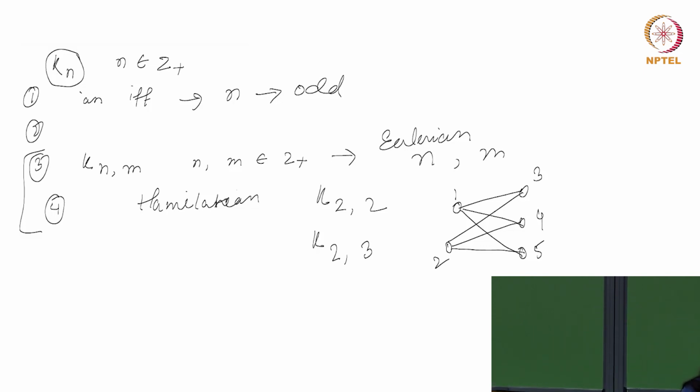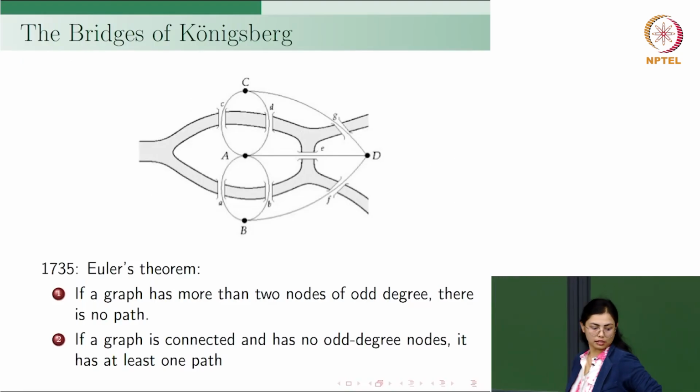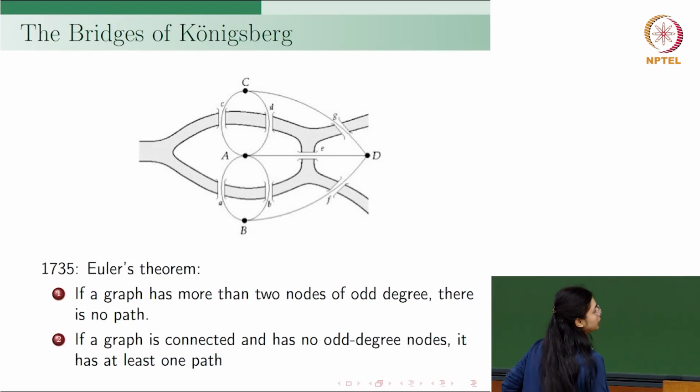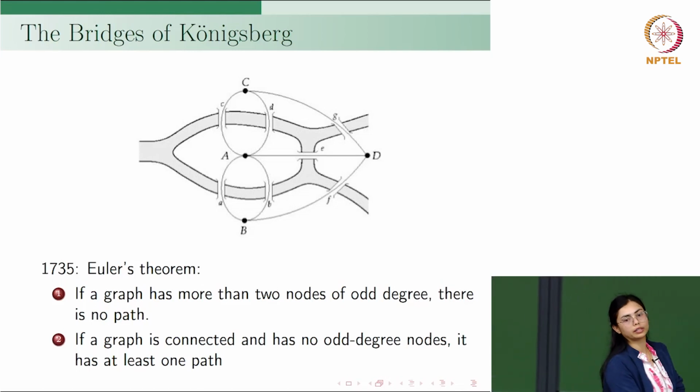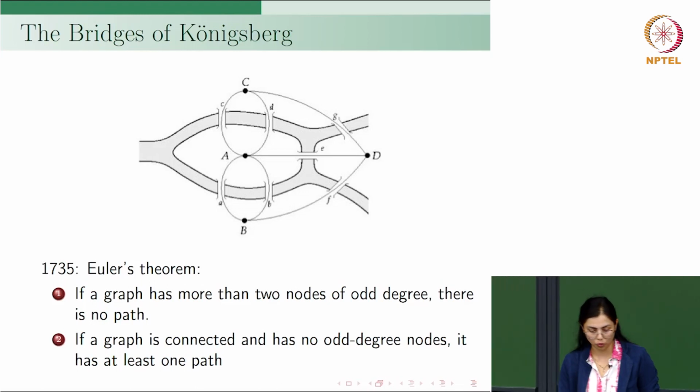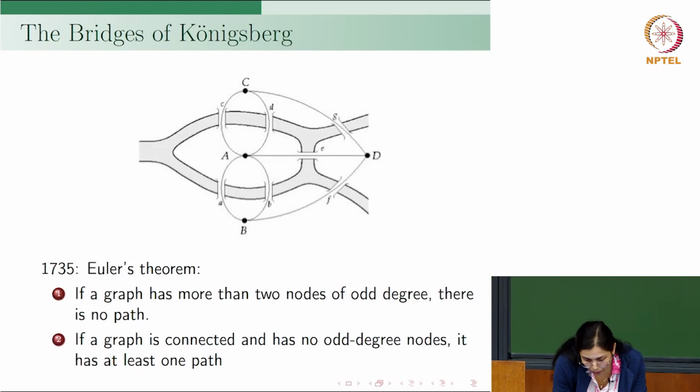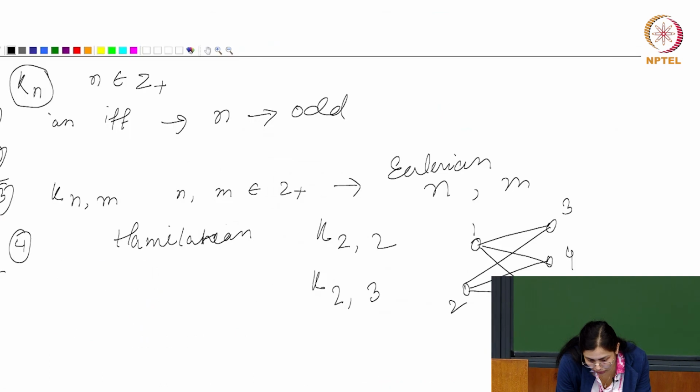Let me show you the theorem. We can have an Eulerian path because we can't have more than 2 odd degree vertices. So in that case it is true. But let's take a bigger network.